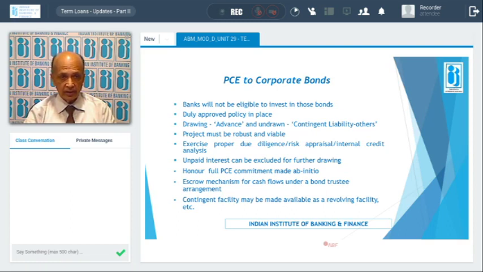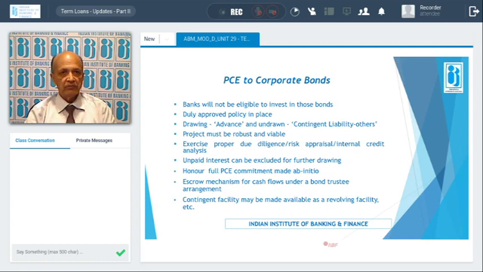Interest whatever incurred or accrued can be excluded, and the full amount can be given wherever required. Then the bank's priority is concerned: it will come in the last stage after meeting all this. All the creditors should be met, then only this PCE would be taken care of.